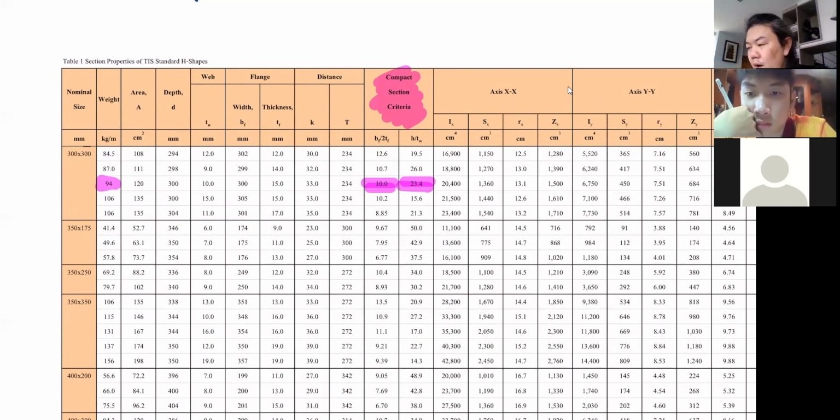But let's say if you work in Thailand and you use sections by TIS, these numbers are readily available to you. Okay, you can use the table, pick them up, and you see 10, that's 23.4. So your job is actually only to calculate the limiting value. Okay, and K is there as well. We also have K, which is 33, you see.